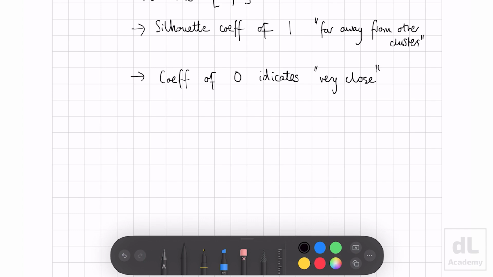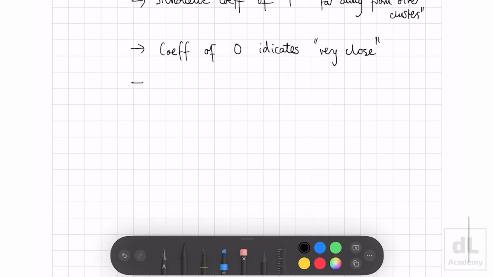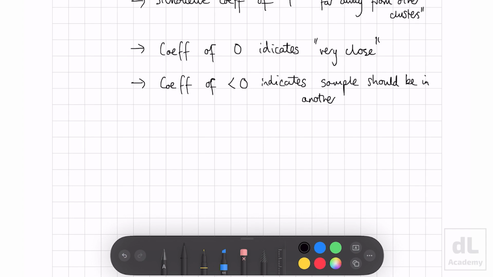Negative values actually mean that the sample's been assigned to the wrong cluster, so it's actually suboptimal. So if you have a trained model and you then have a coefficient of less than 0, a negative value, it actually indicates that it should be in another cluster.